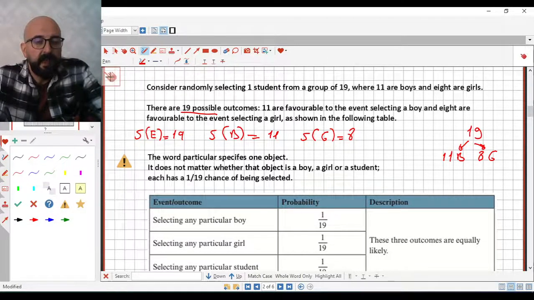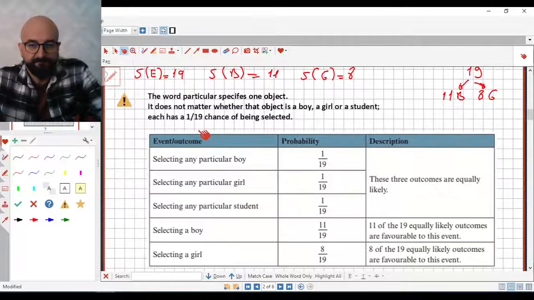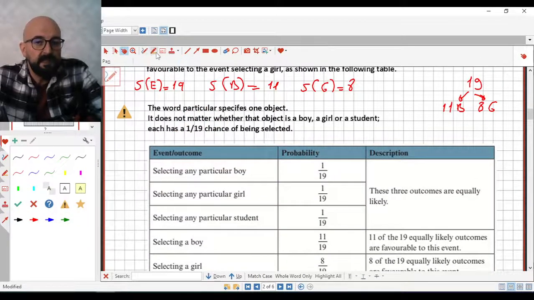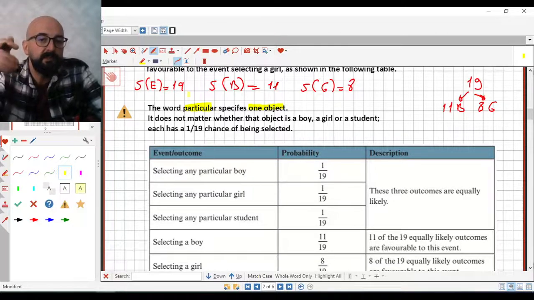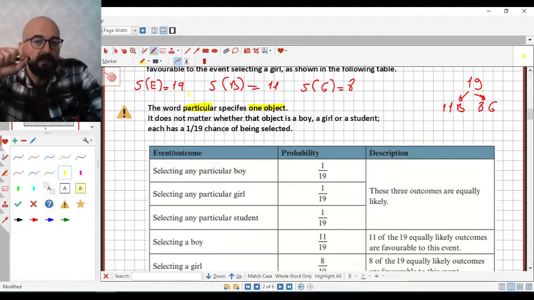But I want you to notice a word. The word is particular. Particular means it specifies one object, a specific object.